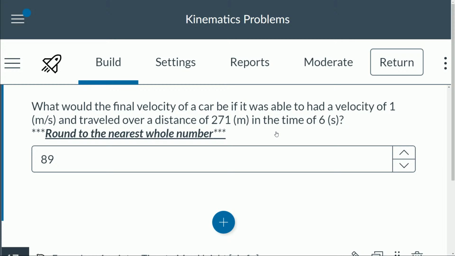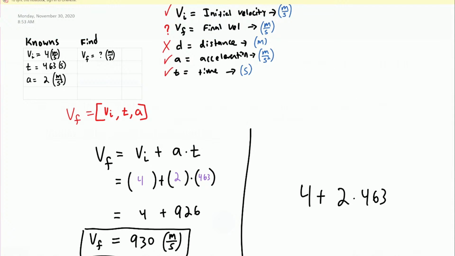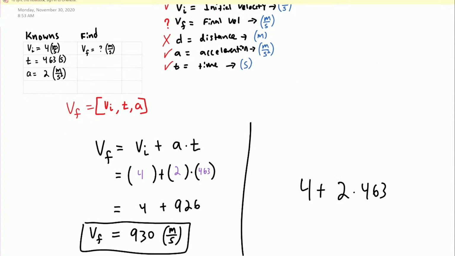So the numbers on the questions, the knowns, do change every time. Once you submit it and redo it, it will change the numbers, but the problem would be the same. For example, with that first problem where I forgot what the actual question was, that question will use this equation.